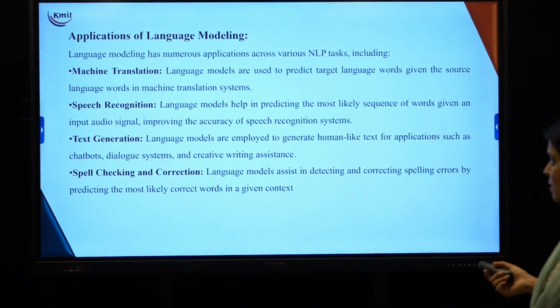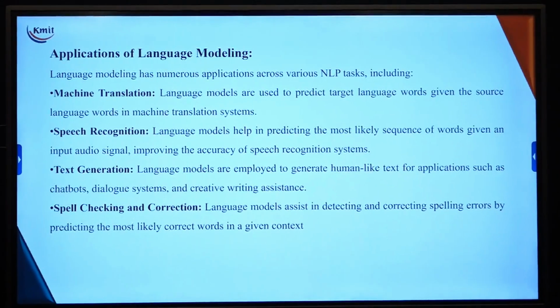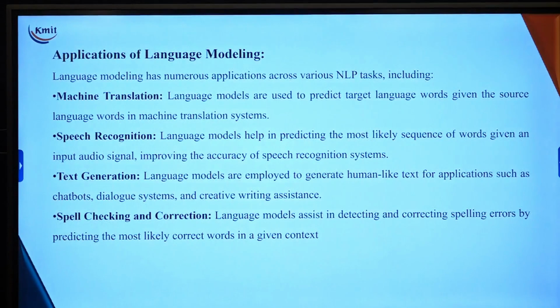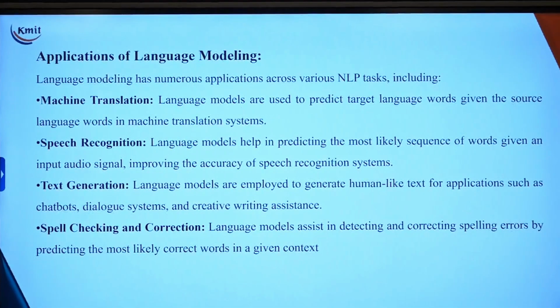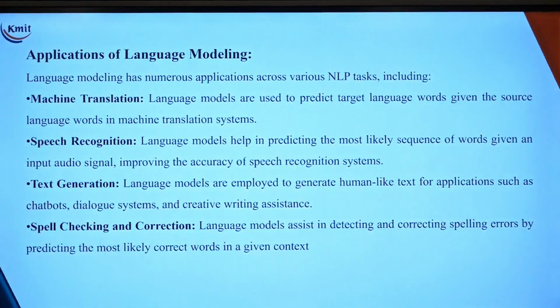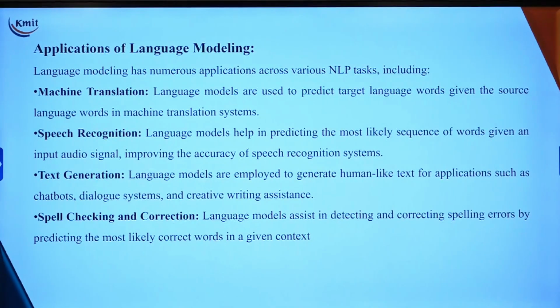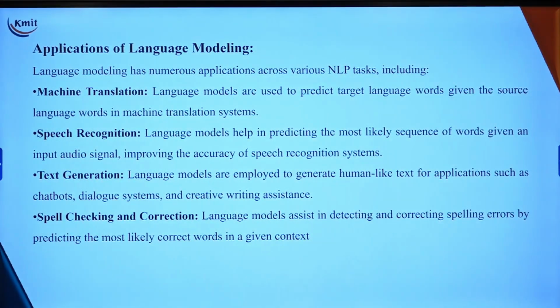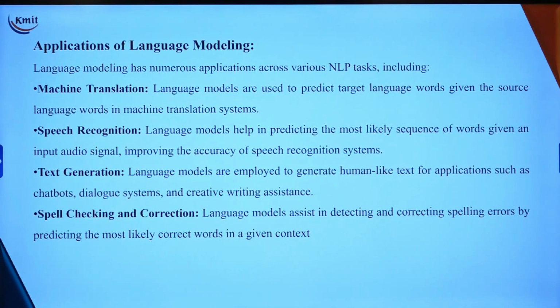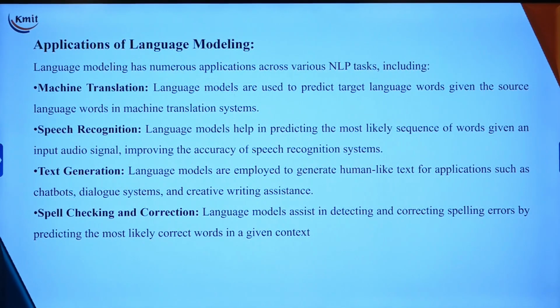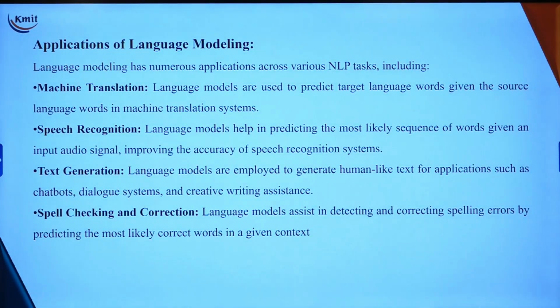In text generation, we use language models to generate human-like text for creative writing, dialogues and all that. In spell checking and correction, language models assist in detecting and correcting spelling errors, like Microsoft Word does. It predicts the most likely correct word in the given context.